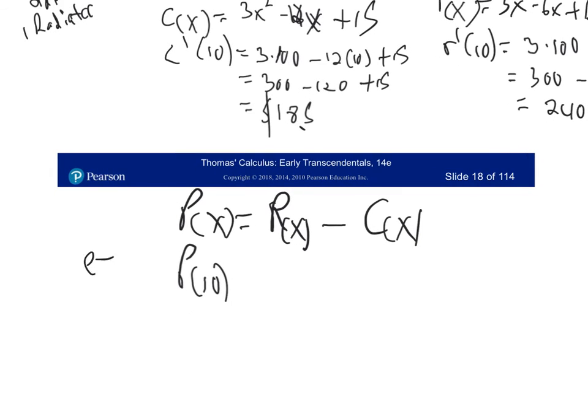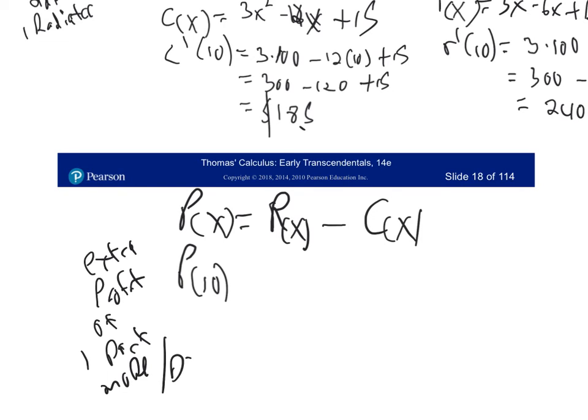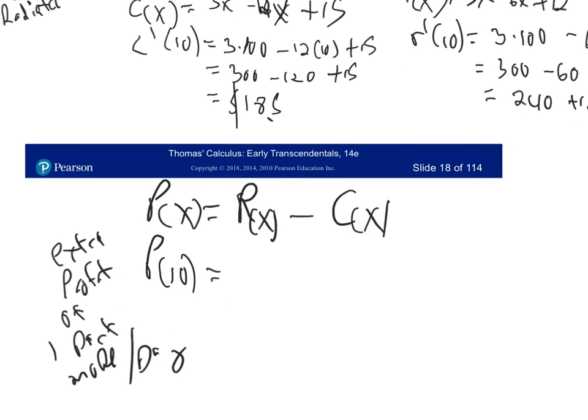This is going to be the extra profit of making one part more per day. P of 10 is equal to my profit was 240 minus my cost 185. Don't blow it now. 240 minus 185 is 40 plus 15, $55, I think.